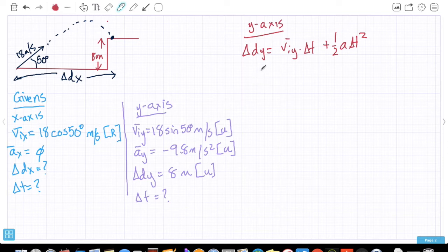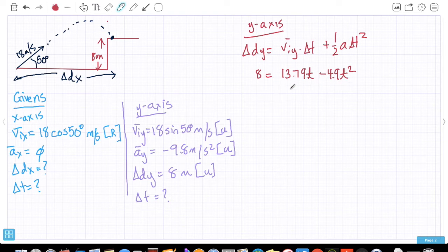So this becomes 8 equals, and I should say that when you actually calculate this out, 18 sine 50 ends up being 13.79 t. And then half of negative 9.8 is negative 4.9, and that's t squared. And then this is a quadratic, so we are required to use the quadratic formula to solve for t.